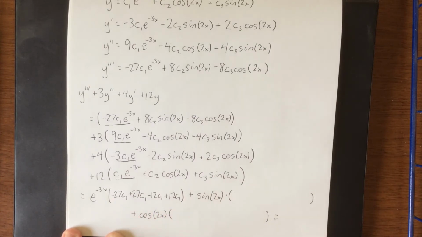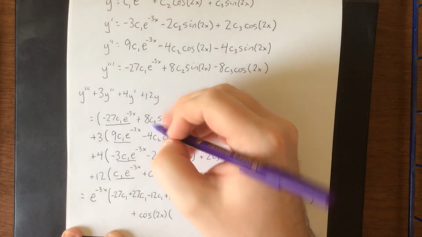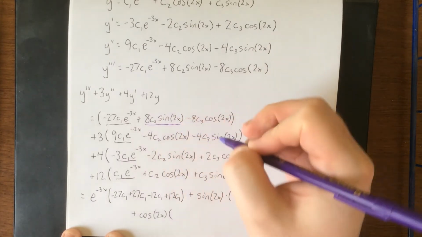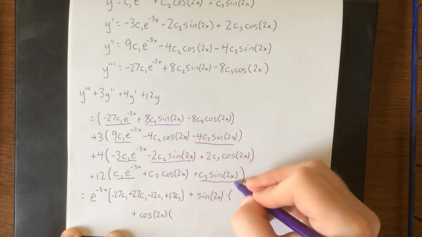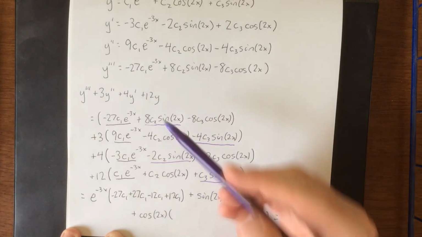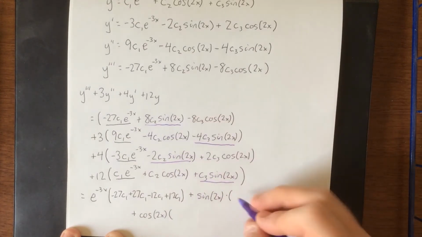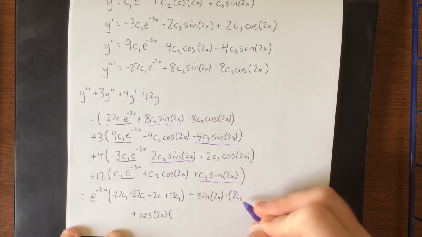As far as the sine of 2x, we're going to switch it over to purple for the sine of 2x. We have this one here, this one here, this one here, and this one here. So for our first one, that's 8c2.